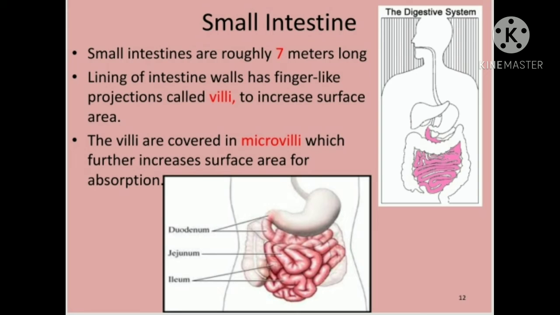The mesenteries are connective tissues, and they support the coils, the blood vessels, lymph vessels, and nerves. Okay. Then next we will see what is next.